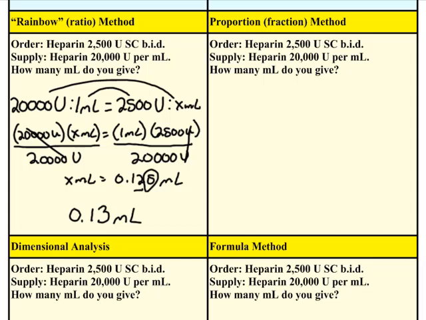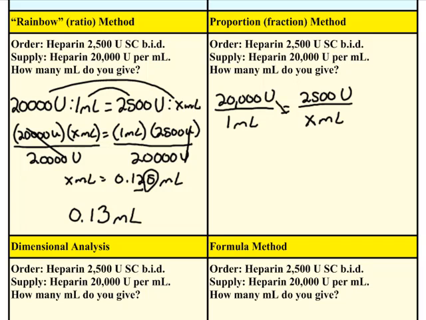We can do the same calculation using the proportion method. We will first set up a fractional proportion that shows the relationship between units and milliliters. We know we have 20,000 units in every 1 milliliter. We need to administer 2,500 units, and we need to find out how many milliliters that's equivalent to.